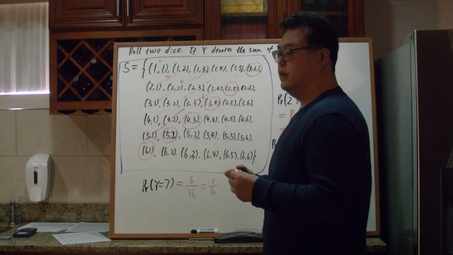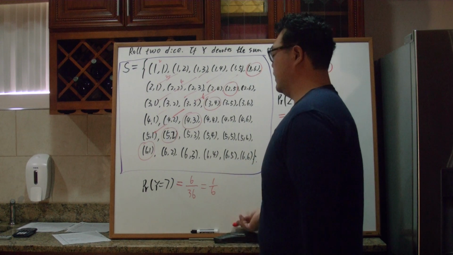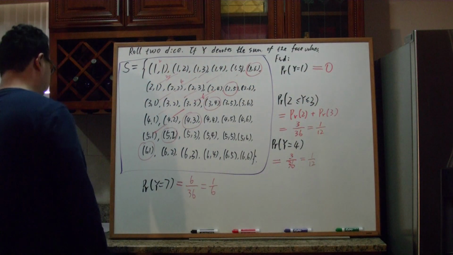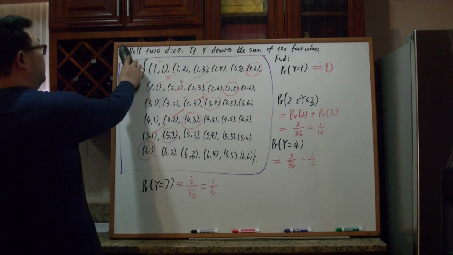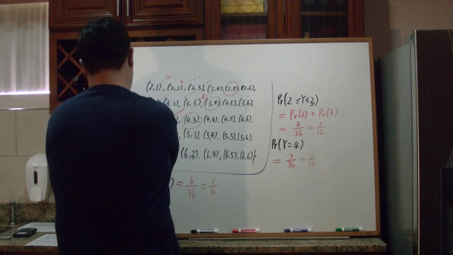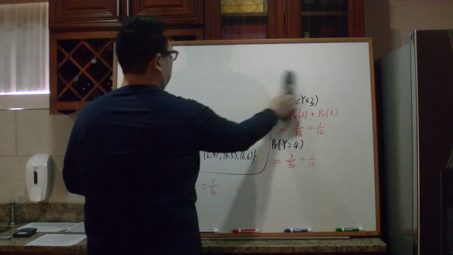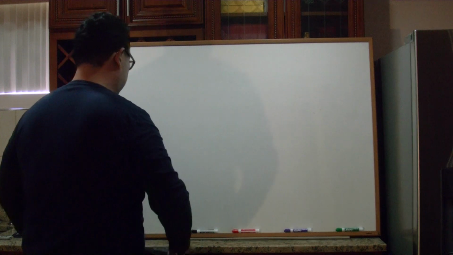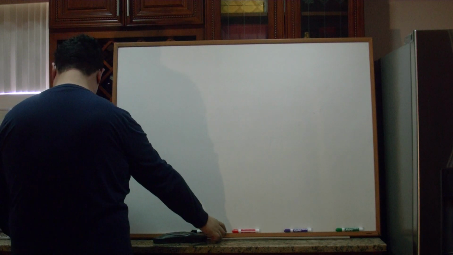And 1/6 is the probability to get the sum to be 7. So that's when we're rolling 2 dice and the sum. The question could be asking more, but we'll see then.